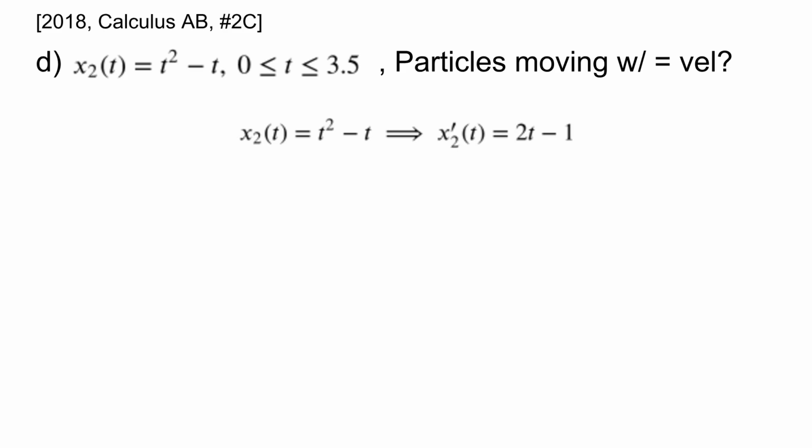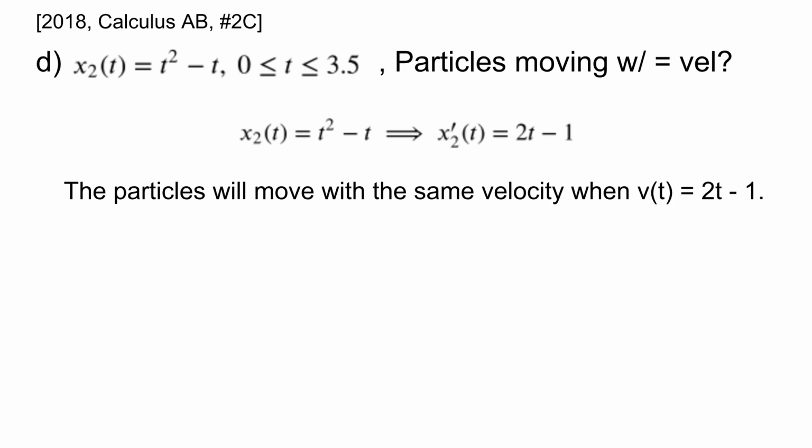Since the velocity of the second particle is given by the derivative of its position function, the fact that x sub 2 of t equals t squared minus t implies that the derivative x prime sub 2 of t is 2t minus 1. The particles will move with the same velocity when v of t for the first particle is equal to 2t minus 1.